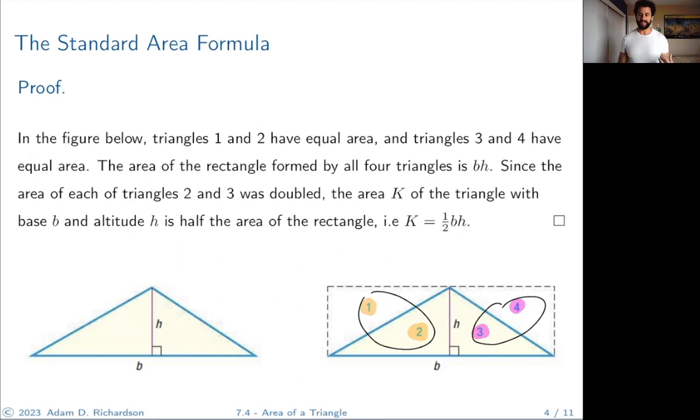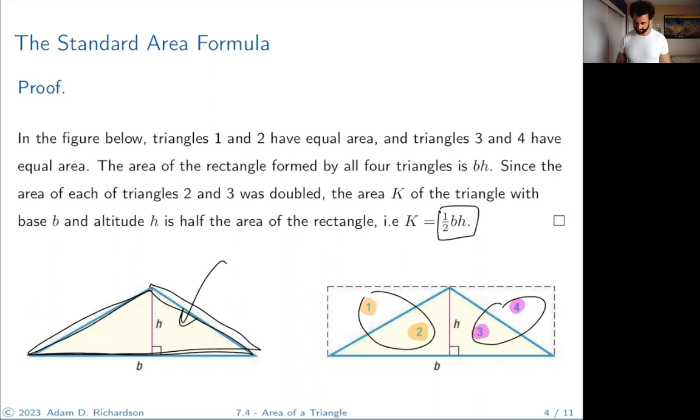That means that the area of the triangle formed by these right here, the triangle that we're interested in, has got to be exactly half the area of the rectangle. So in other words, the area of this triangle is going to be 1/2 base times height. And that's where the formula comes from. 1/2 base times height. And that works for any triangle at all, as long as you know b and you know h.